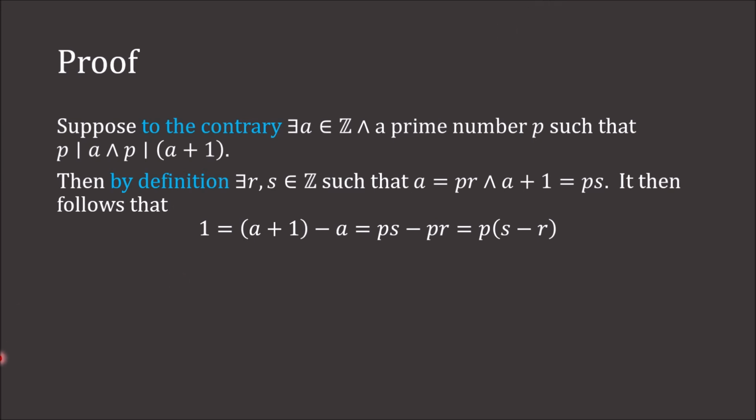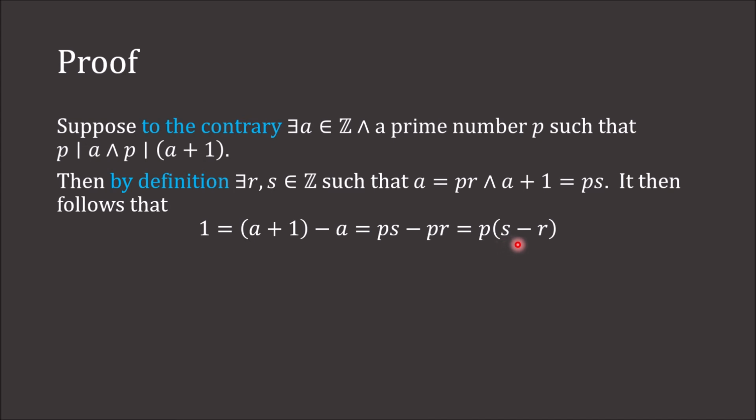It would then follow that 1 is equal to a plus 1 minus a, which is p times s minus p times r. We can factor out that p, and we have p times (s minus r). So 1 is equal to p times (s minus r).